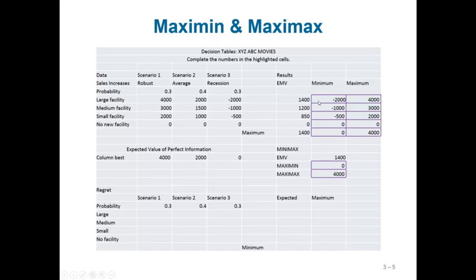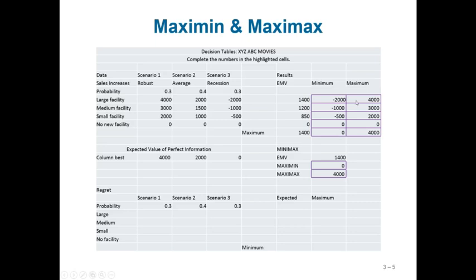So here you're doing the minimum value, so what's the smallest value here for each of these options? 2,000 loss, 1,000 loss, 500 loss, and 0 loss, because you, again, did nothing here. So what's the worst in each row? And then this one is, what's the best of these worsts? And that is your Maximin.